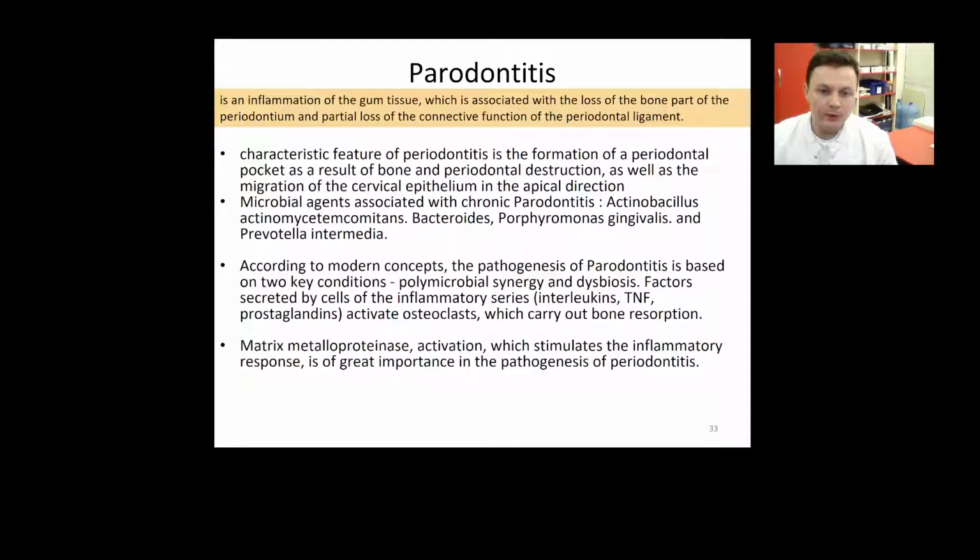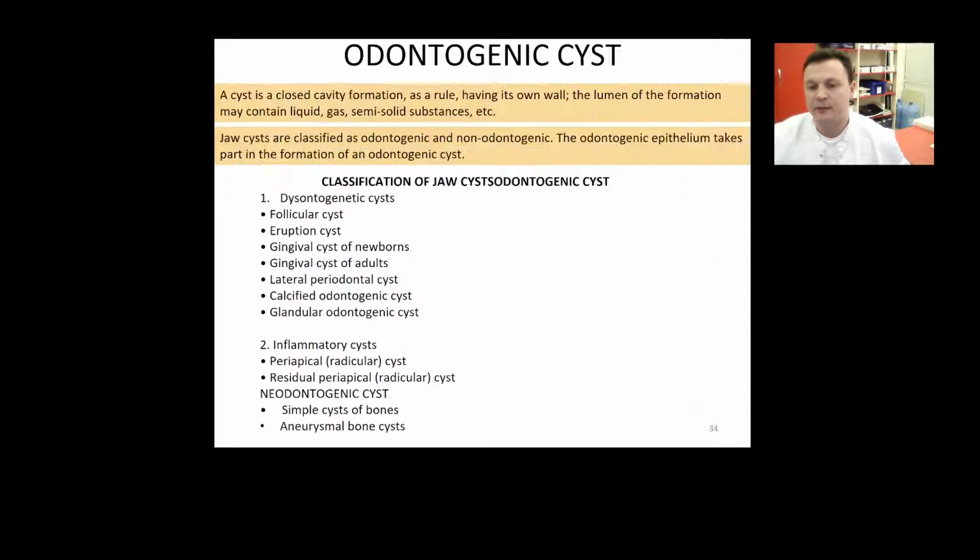One of the key points is the formation of dysbiosis, which contributes to the development of the inflammatory reaction. Factors secreted by cells of the inflammatory series activate osteoclasts, which carry out bone resorption. Matrix metalloproteinase activation, which stimulates the inflammatory response, is of great importance in the pathogenesis of periodontitis.